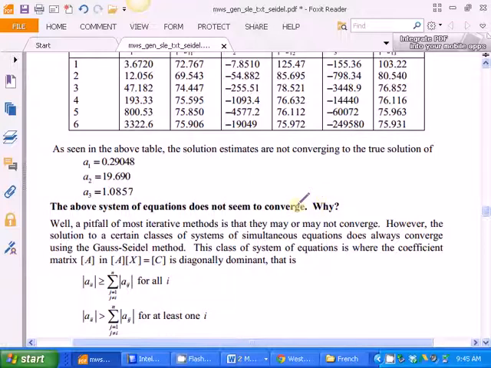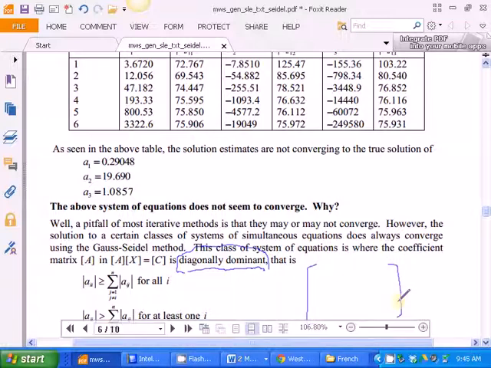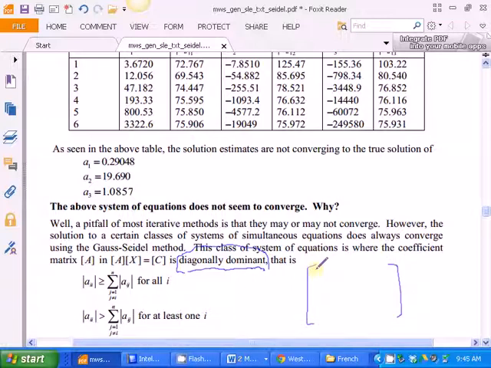The key is that you can only apply Gauss-Seidel in cases where the matrix is diagonally dominant. Diagonally dominant means that you have a matrix of coefficients where the entries on the diagonal are much larger than the entries off the diagonal. In fact, the condition is this, that the diagonal element aii is larger than the sum of the absolute values of all other entries in that row of the matrix.